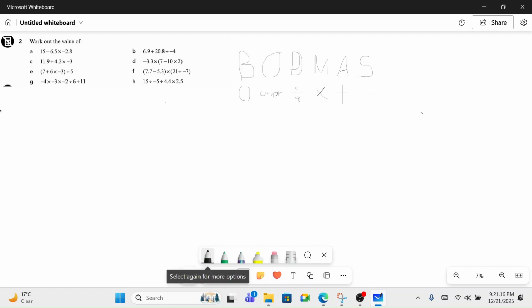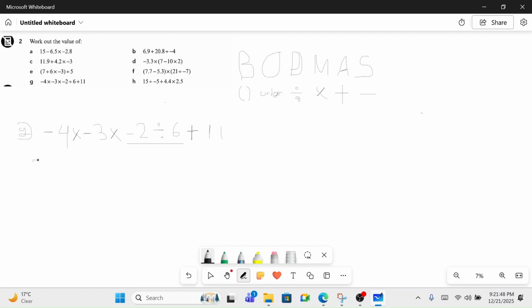Okay, now let's move on to question number G. So what does question number G tell us here? Minus 4 times minus 3 times minus 2 divided by 6 plus 11. Now, it's obvious which part we should work with. We'll work with this part only.